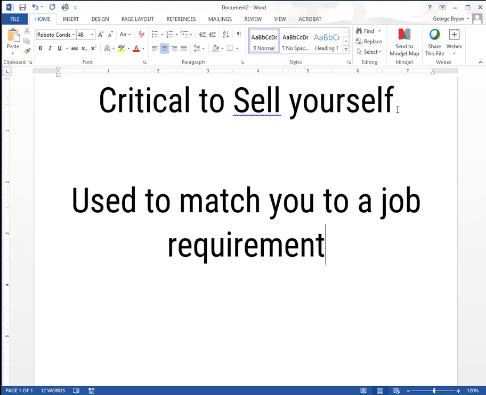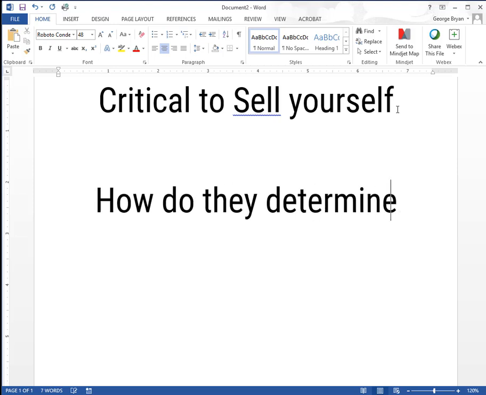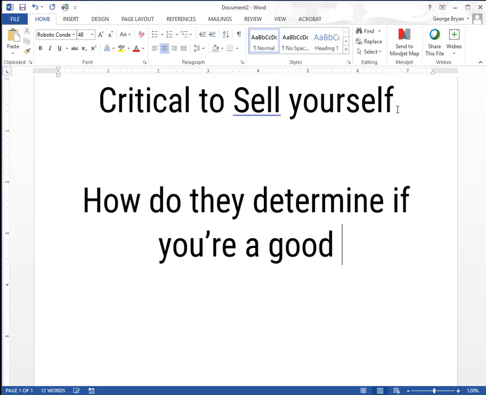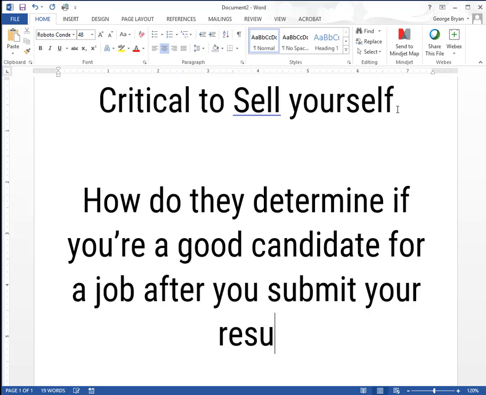When you see a job requirement, you use your resume and you apply for the job, okay? And then they will go through all the resumes and determine if you're a good candidate for the job. So how do they determine if you're a good candidate for a job after you submit your resume, right?